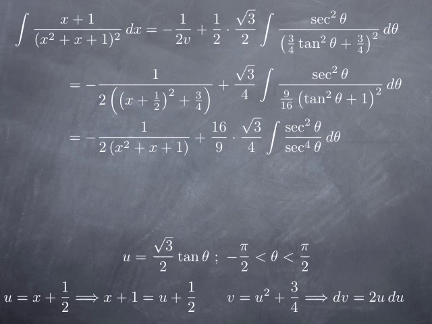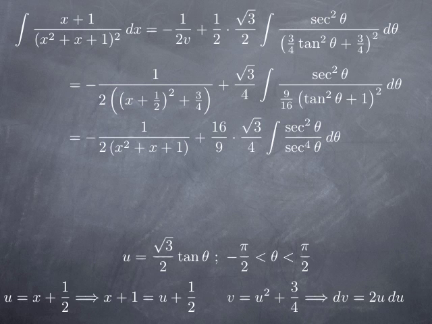On the other hand, if I pull out the 9/16 and write it as 16/9, I can pull that in front, and then I have secant square theta at the top, and at the bottom I have secant square theta squared, in other words, secant theta to the 4th.